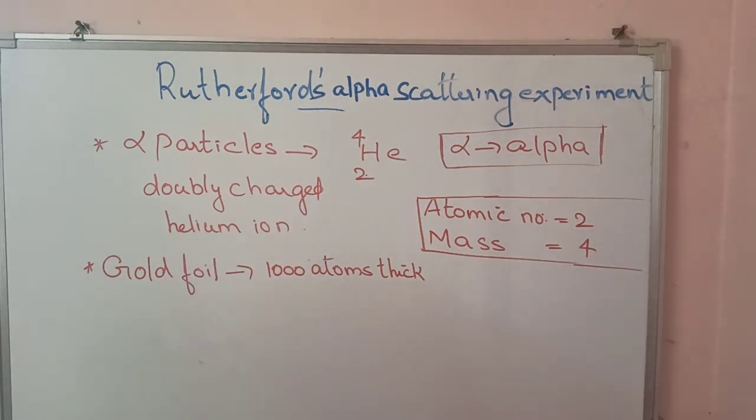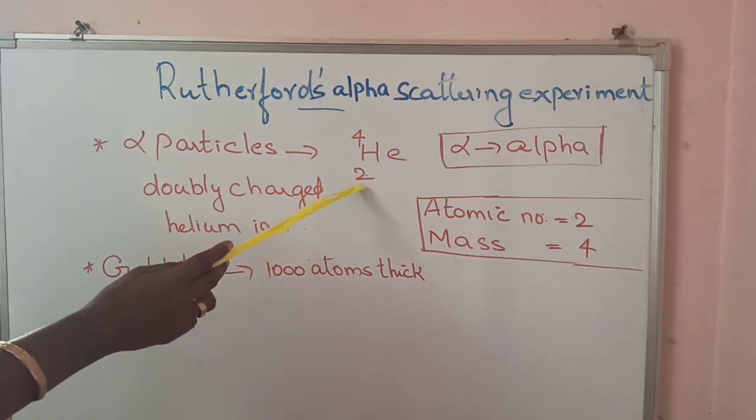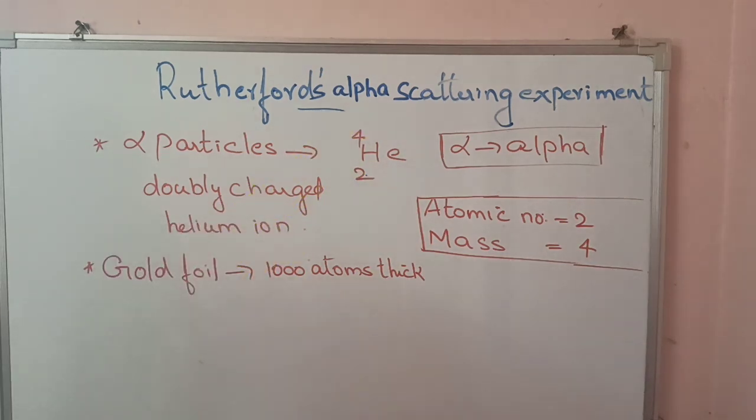Alpha particles are doubly charged helium ions and they have a mass of 4 u. So the atomic number of this helium is 2 and its mass is 4. Atomic number means the number of protons or electrons in helium is 2 and its mass is 4. So these alpha particles are similar to helium nuclei.